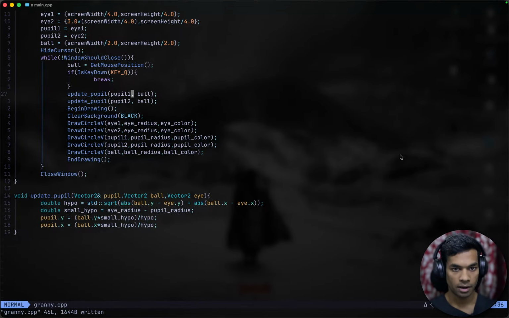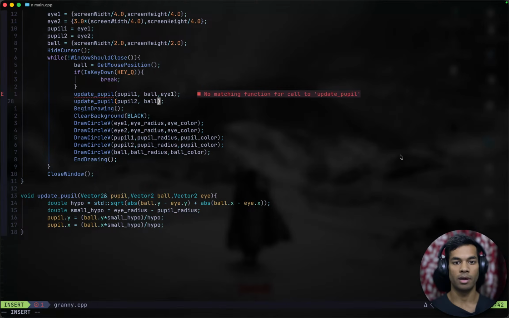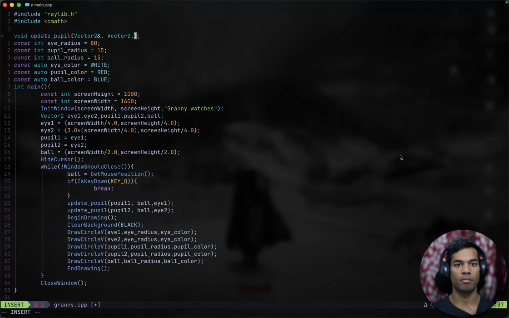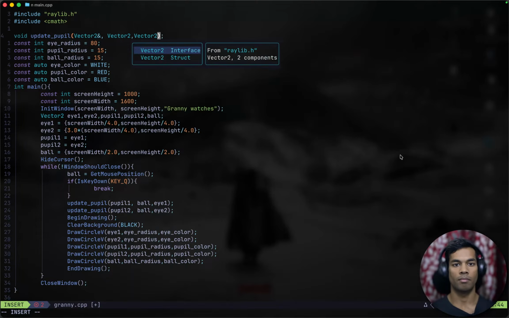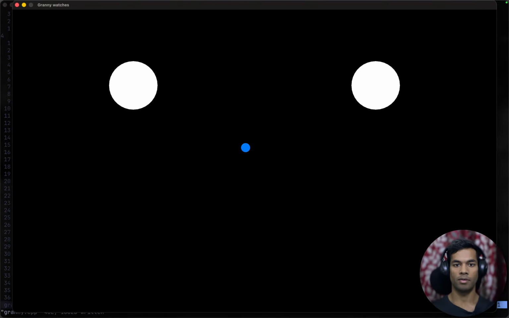Error makes sense because we also want I there. Yes, I1 for pupil 1 and I2 for pupil 2, and we make the same change here with the 2. And yo, that is exactly what we were looking for.